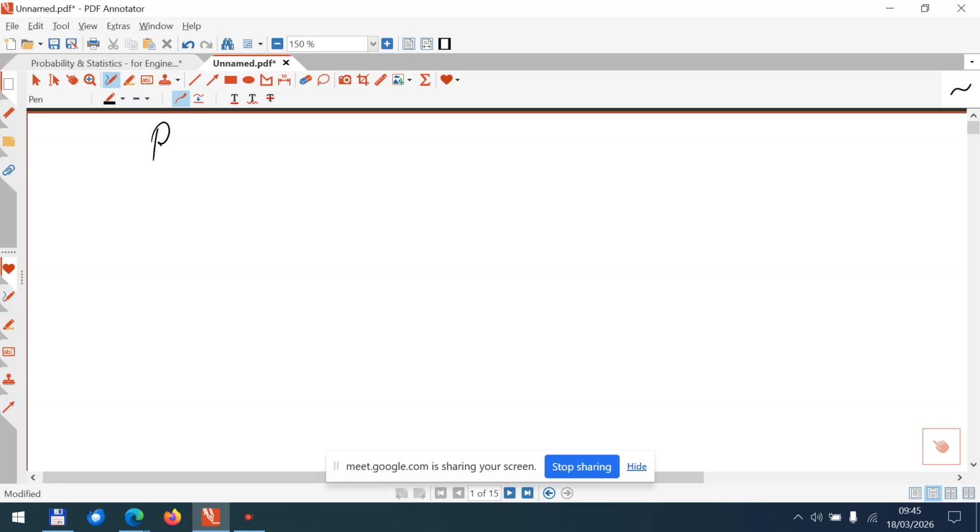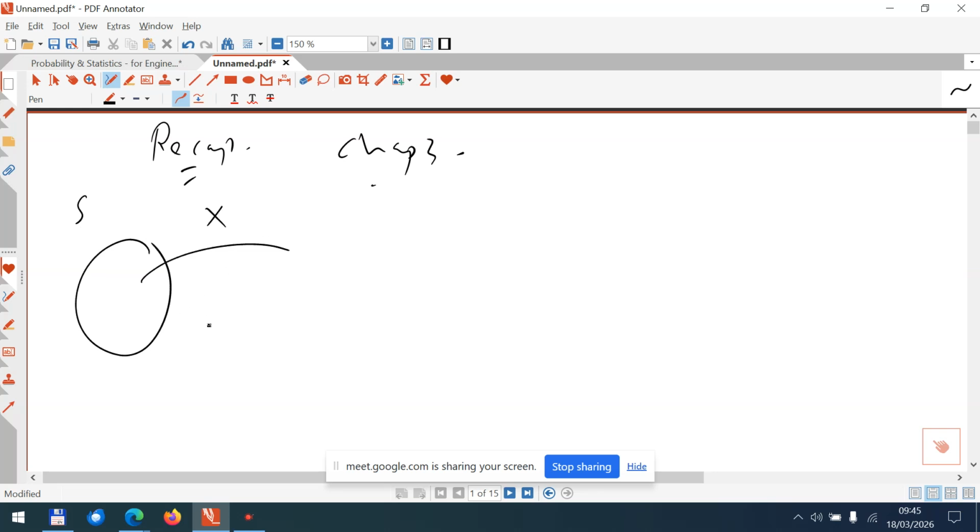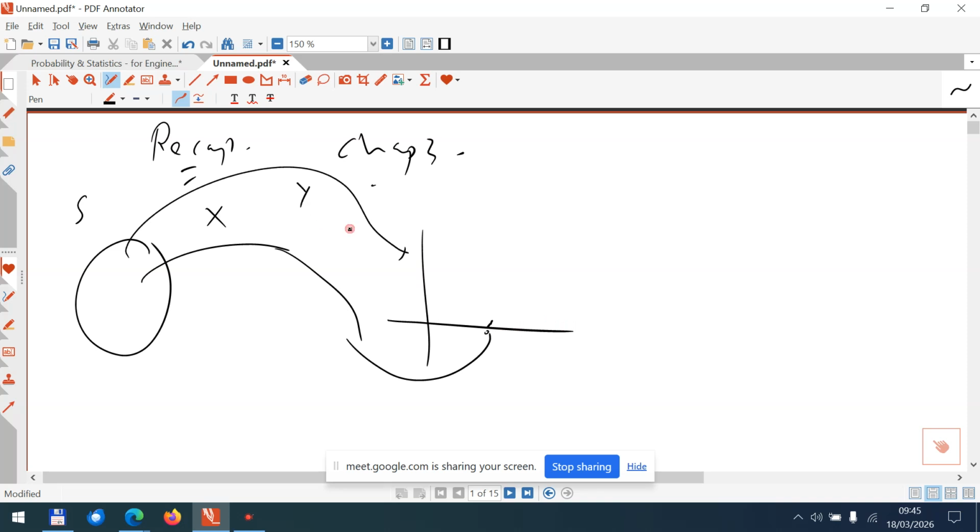So to have a recap, what we learned so far in chapter 3: we know that sample space can be mapped by 2 random variables, x and y. They will both use different real values, and that gives you points in this Cartesian plane.